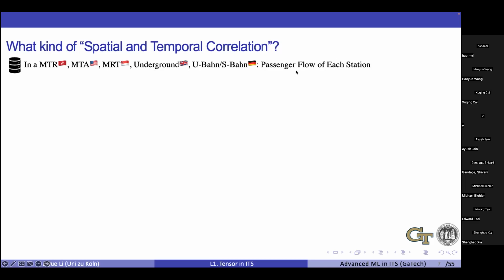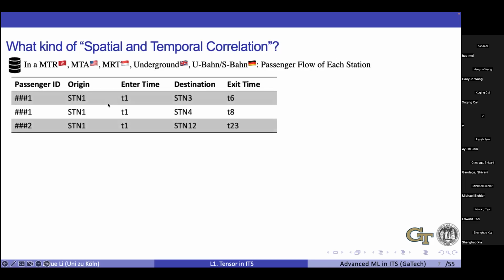So we are trying to analyze the passenger flow at each station, and this is the original data, how it looks. It's an anonymous passenger ID entering this origin station, for example station 1, at this time T1, and exiting at different destinations at different times.